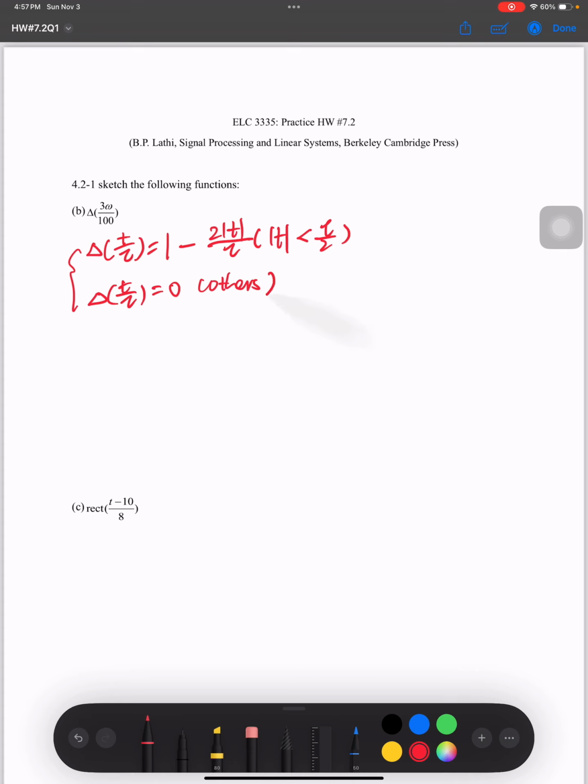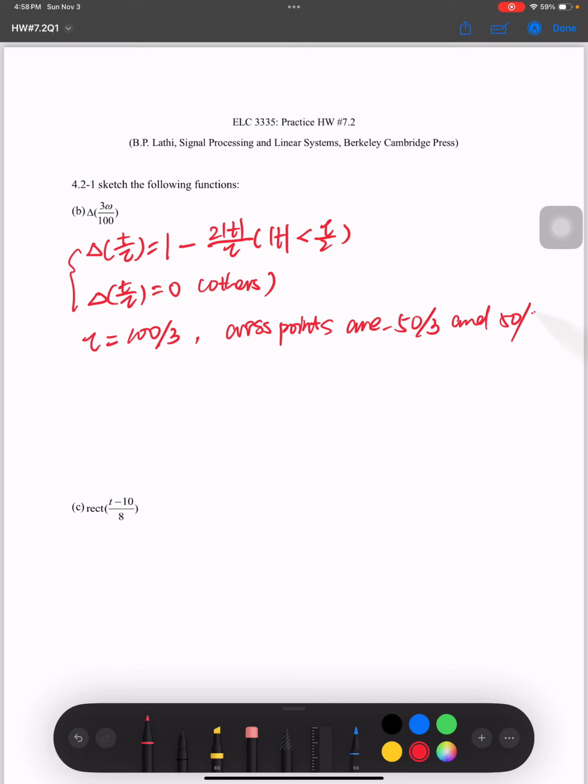So we can see that tau here is equal to 100 over 3. So the cross points at the x-axis are minus 50 over 3 and 50 over 3.